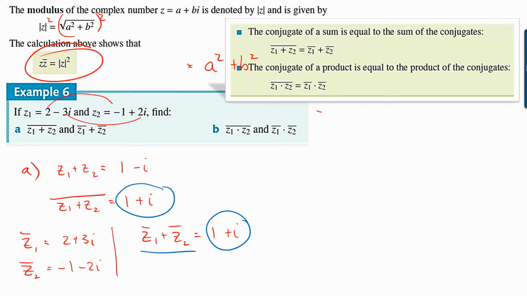This is the next definition, that if you add the conjugates separately, or you find the conjugate of them both, it'll come out the same either way. And it's the same for addition and multiplication, not subtraction and not division. So if you do the second one, z1 times z2 all conjugate, versus the conjugates of z1 and z2 multiplied separately, it should be the same answer. Okay, so that's what I'm trying to show you here. All right?